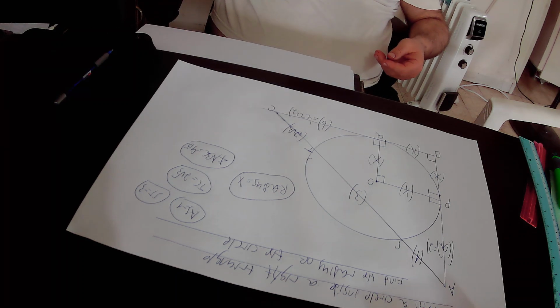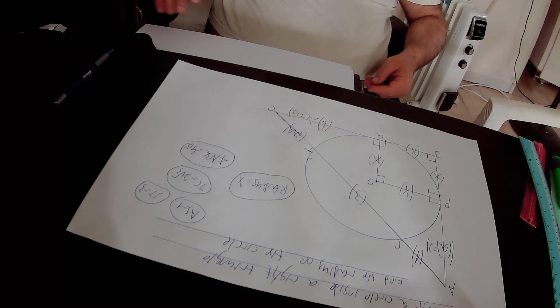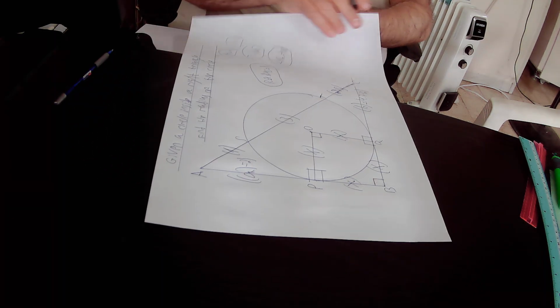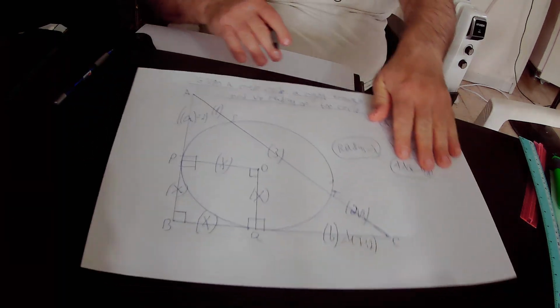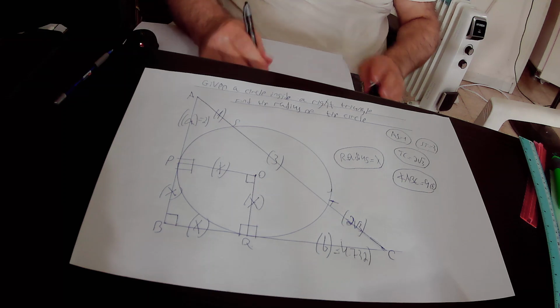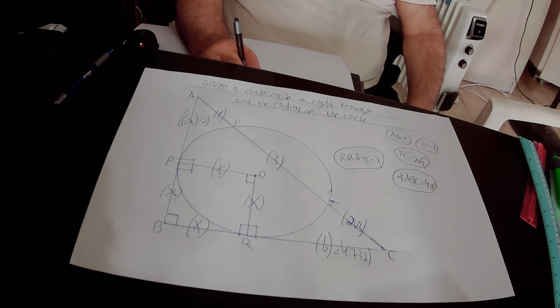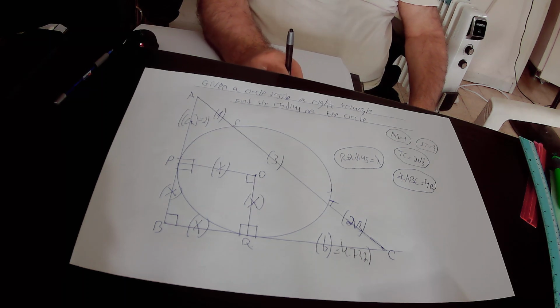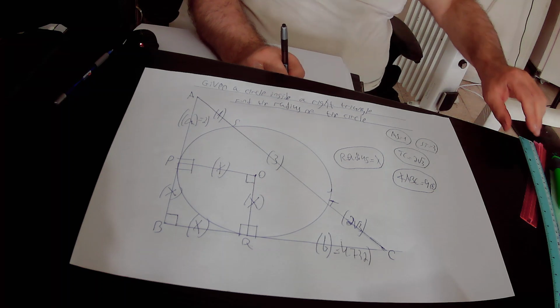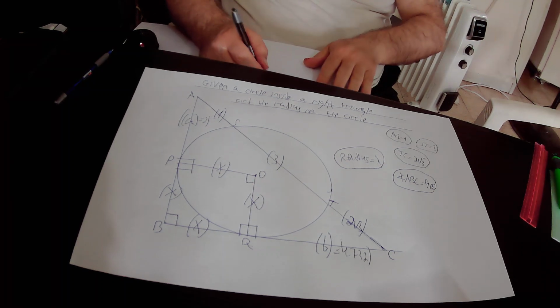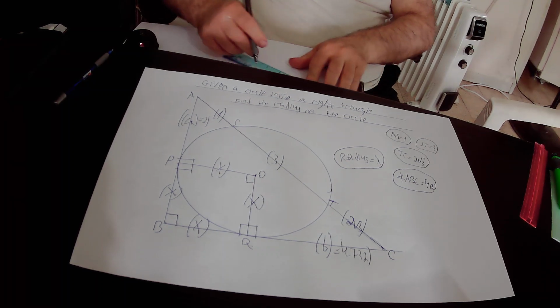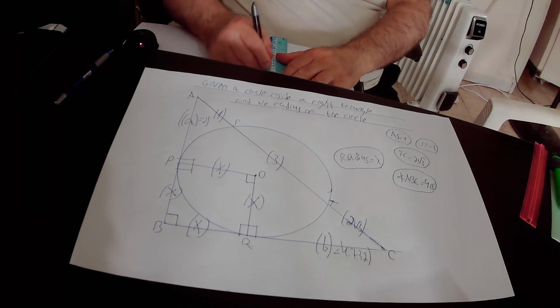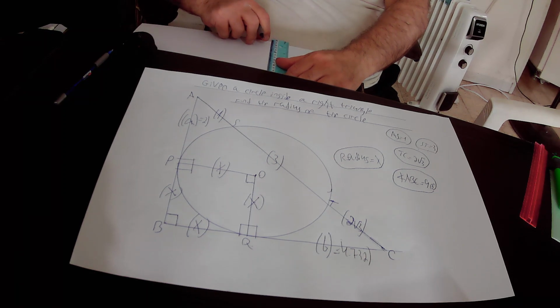In the next step, we will implement the Pythagoras theorem on this big triangle, the triangle ABC. Here PT is the abbreviation for Pythagoras theorem. According to the Pythagoras theorem, in any right triangle, the square of the hypotenuse equals the sum of the squares of the perpendiculars.